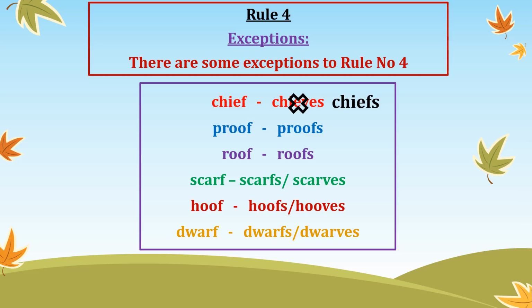So to words like this, that is scarf, hoof and dwarf, we can make plurals in both the ways. That is by adding S also you can make their plural, or you can cut F and make the plural by VES. It is up to you. So scarf's plural can be scarfs also and scarves also. This word hoof can make its plural as hoofs also and hooves also. Dwarf also can have its plural like dwarfs or dwarves. It is your wish.